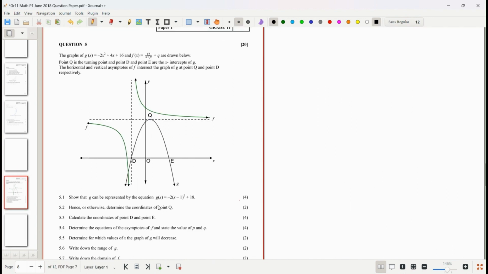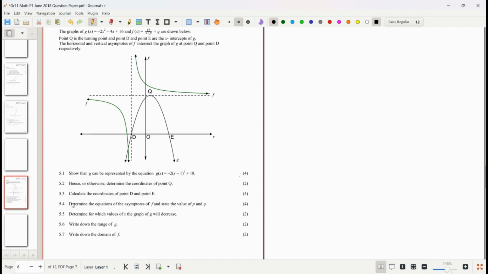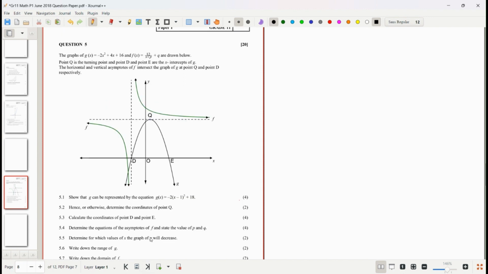we look at 5.4. So 5.4, they want us to determine the equation of the asymptote of f, and state the values of p and q. So how can we find this equation of the asymptote, right? We can see that this asymptote here shares the x-intercept with this graph of g.